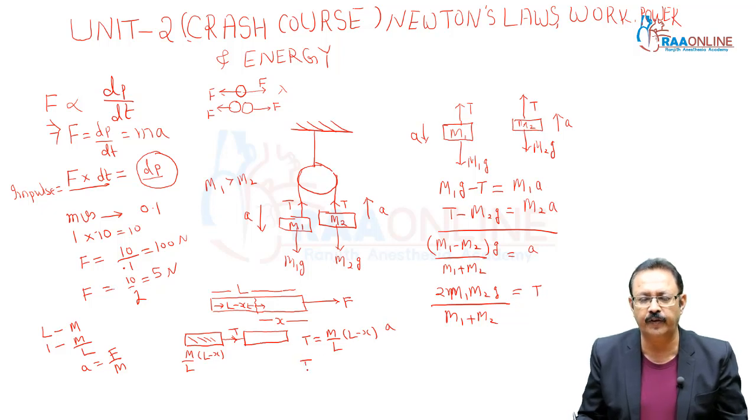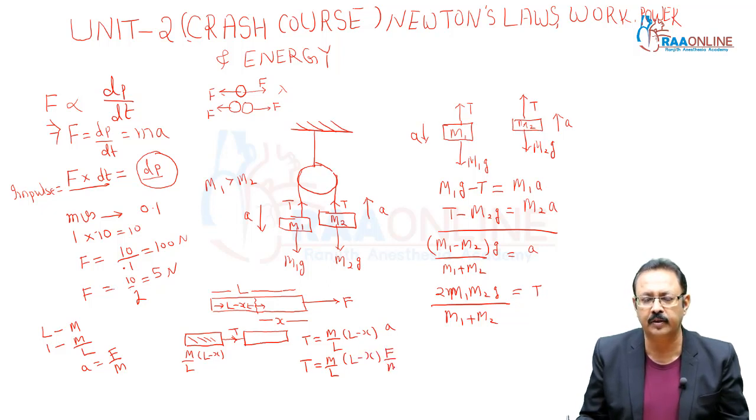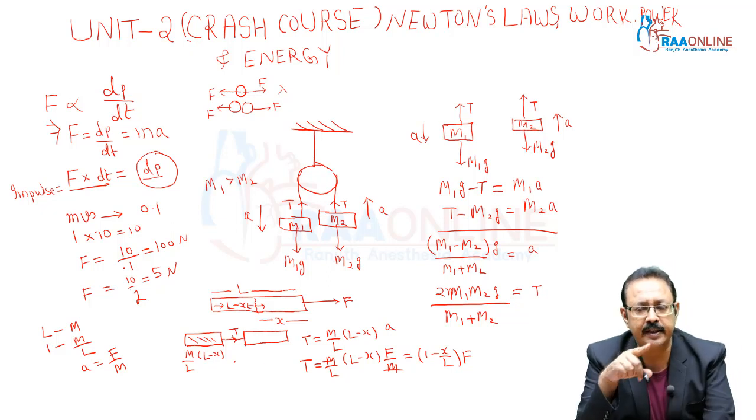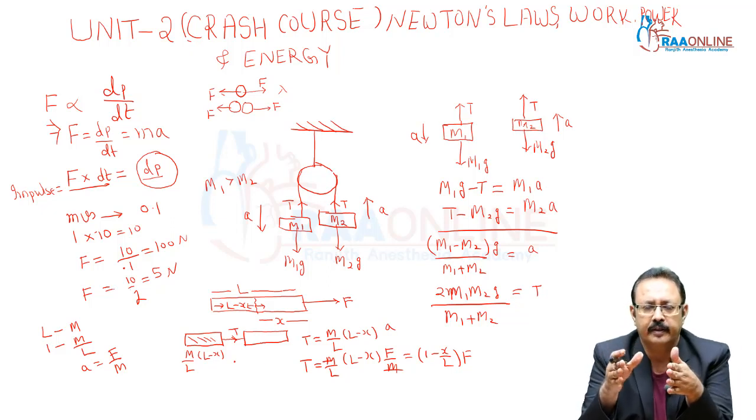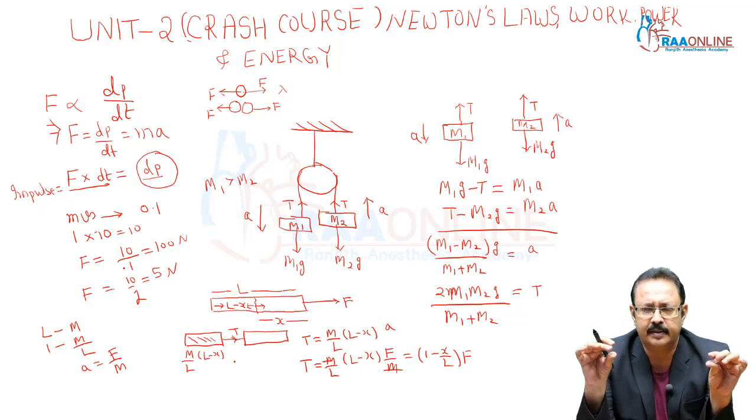But what is the value of acceleration? We know that it is F upon m. Mass was not given, it is cancelled out. So in given terms, tension should be, taking L inside, (1 minus x by L) into F. So it was easy.